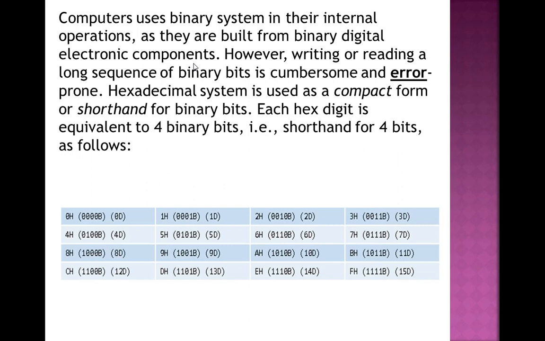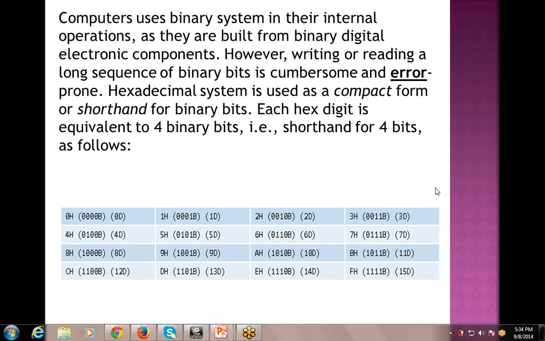Because they are used for internal operations, as they are built from binary digital electronic components. That's why every computer uses the binary number system.